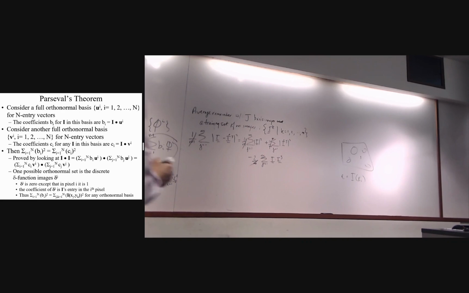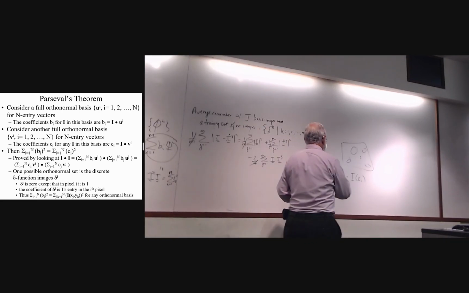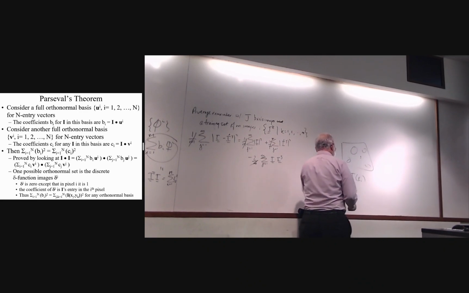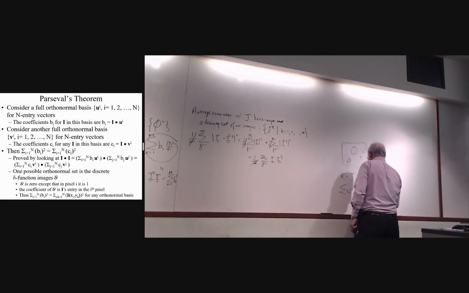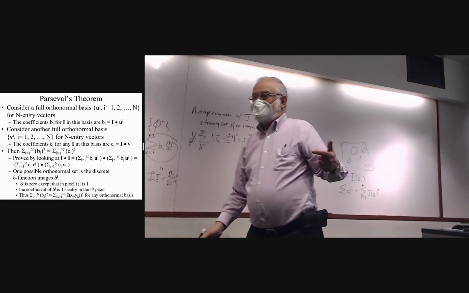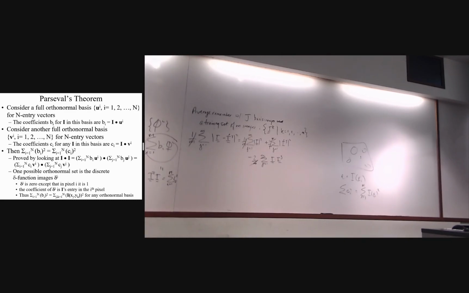So the sum of the a_i squared, which is our budget, is simply the sum of the squares of the entries in the image. The sum of the pixel values squared. Okay, so that is our budget.